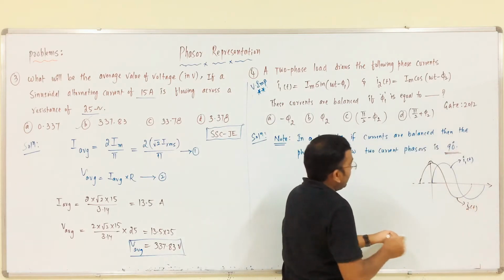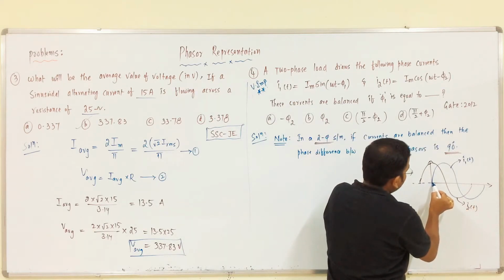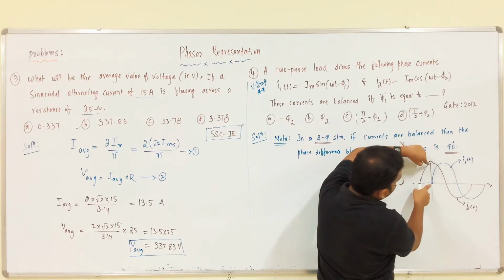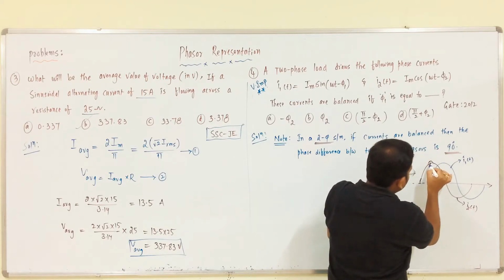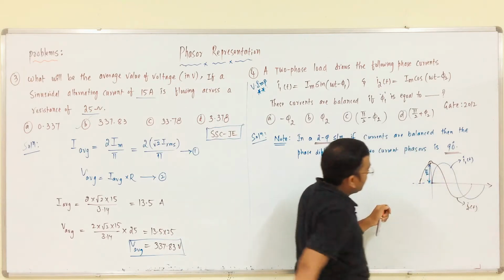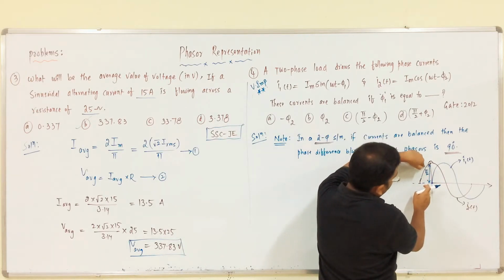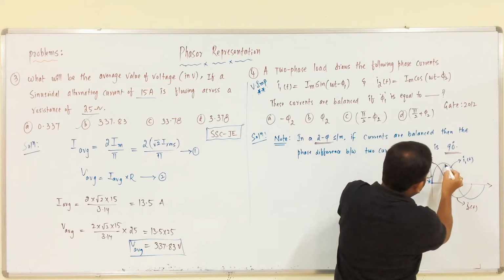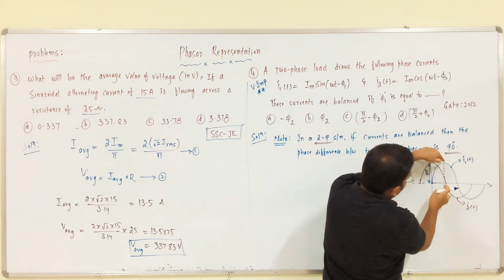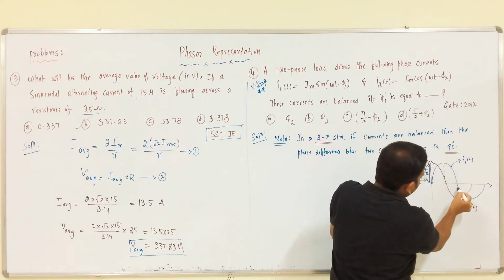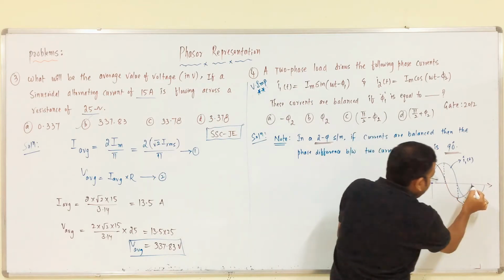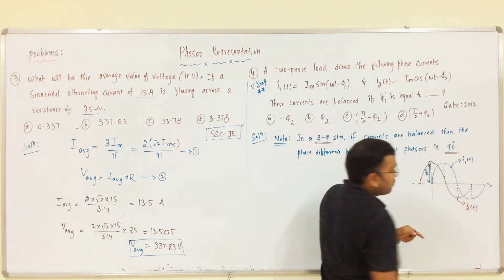See, at any instant, at this zero instant, what is the phase angle between these two? Pi by 2, right? At this instant pi by 2, like that, at this instant pi by 2, at this instant we have pi by 2.